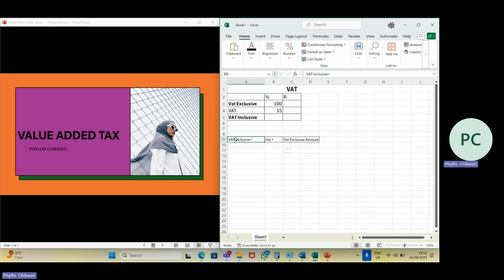I have already given you the formula to get your VAT inclusive amount: your VAT portion plus your VAT exclusive amount. So 100% plus 15% gives your 115%. Then there will come questions where you are required to calculate your VAT portion.